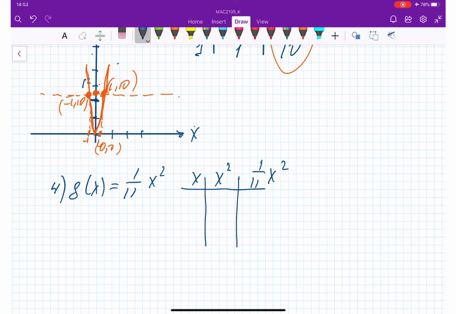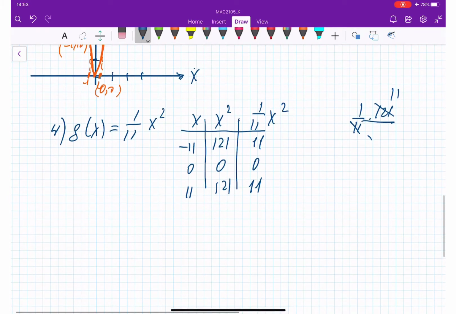Obviously, I'm going to take the value of 11, so it will cancel each other. Yes, I'm taking negative 11, 0, positive 11. So it's going to be 121, 0, again 121. Now when I multiply 1 over 11 times 121, we know that 121 is 11 times 11, so this will be gone by 11, this will be gone 11. I will get positive 11. This is 0, this is also positive 11.